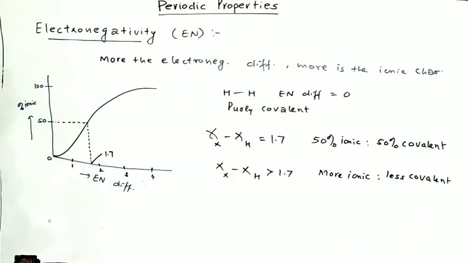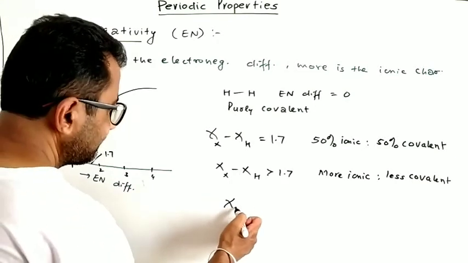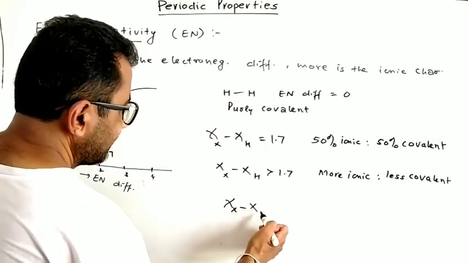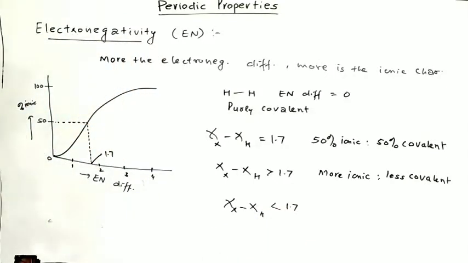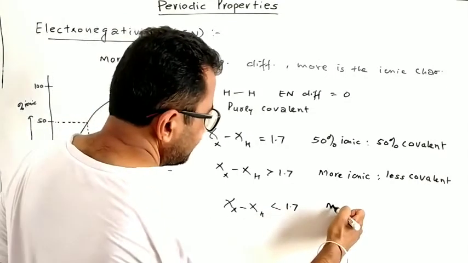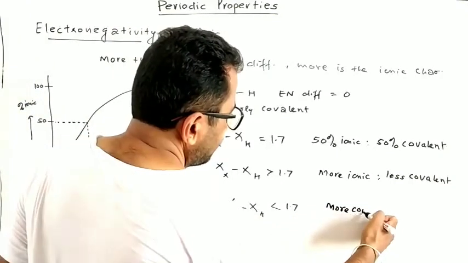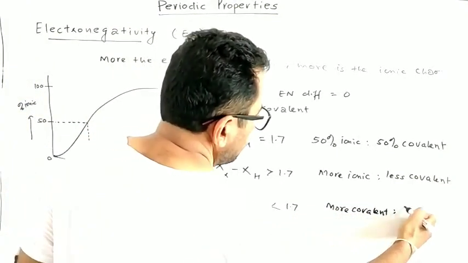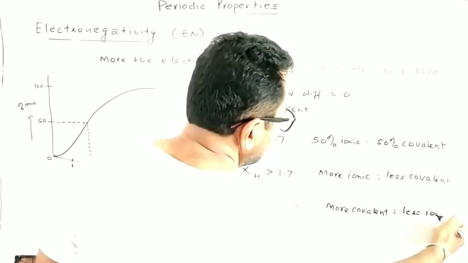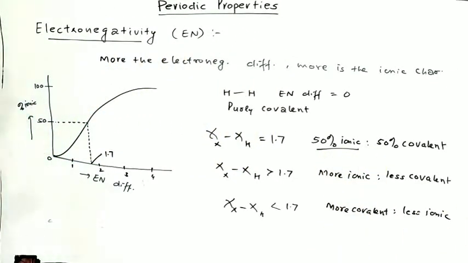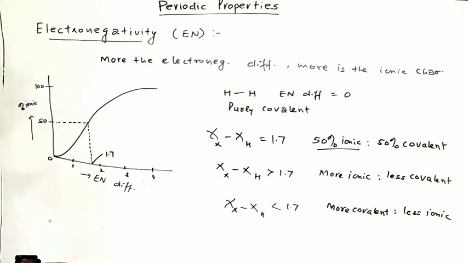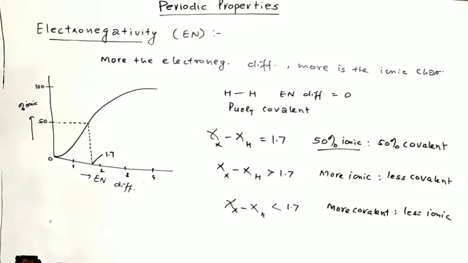And if chi X minus chi H is less than 1.7, then the reverse is true. The bond is more covalent, less ionic. 50% ionic, 50% covalent will be there when the electronegativity difference is exactly 1.7. Okay. So this is based on the Pauling scale of electronegativity.